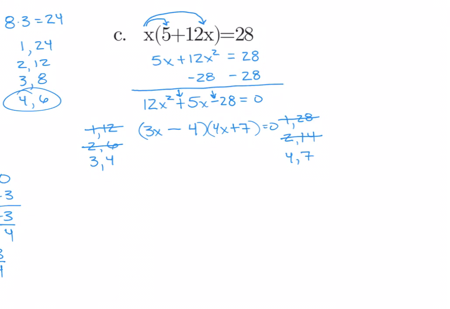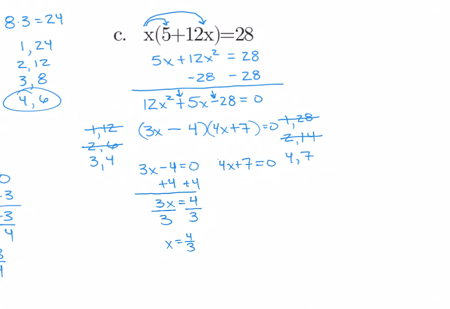So now let's go ahead and set each factor equal to 0. And solve. We add 4 to both sides, divide by 3, and we get x equals 4/3.